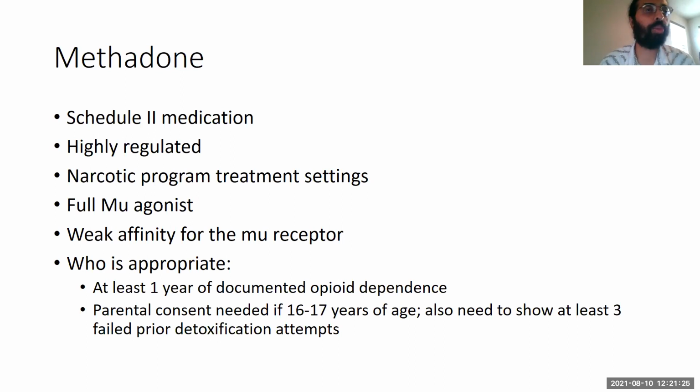It is a Schedule II medication, so it's highly regulated. And if methadone is going to be used for treatment of opioid use disorder, it can only be prescribed from what's called a narcotic treatment program setting, more formally known as opioid treatment program, colloquially known as a methadone clinic, right? And that itself poses a barrier because the number of slots in opioid treatment programs has remained relatively stable in the last 20 years, even as the opioid epidemic has raged.